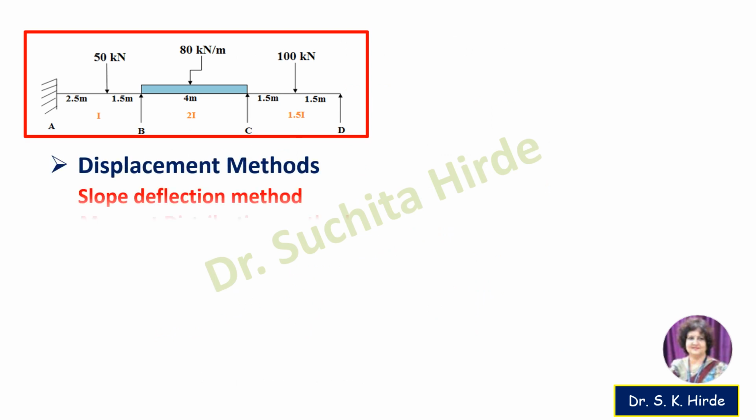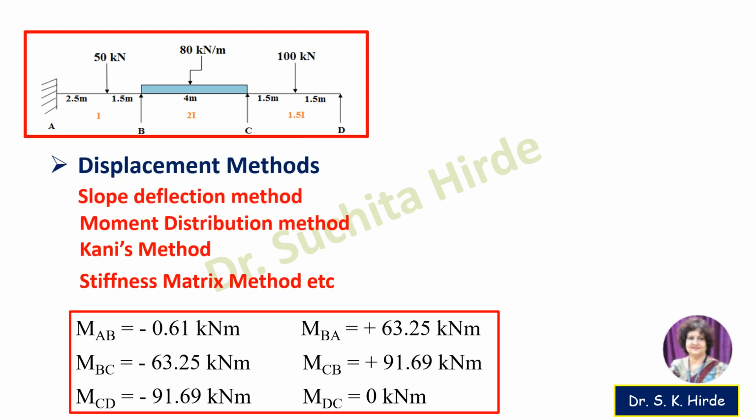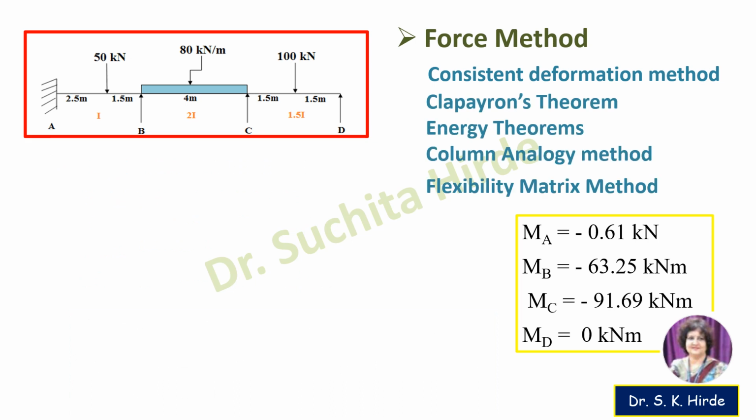As we have seen, using displacement methods, the results look like this, and for which we have drawn the bending moment diagram. Now if you analyze same beam using force method, you will get 4 results, that is support moments at A, B, C and D. Now let us see how to draw the bending moment diagram if you solve same beam using force method.